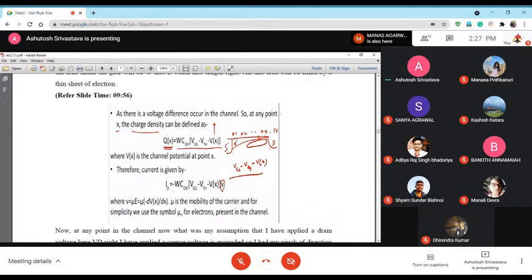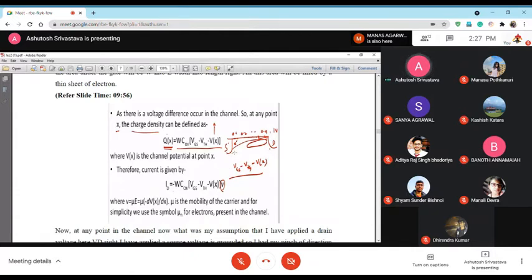So to determine at any point x, the charge density can be defined in this form, and the current basically is defined in this form, right?